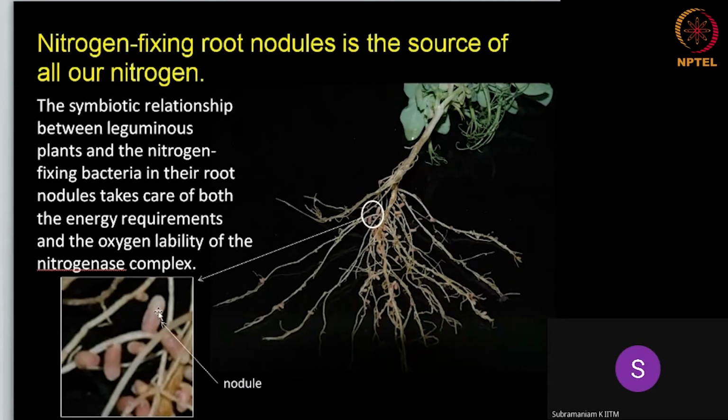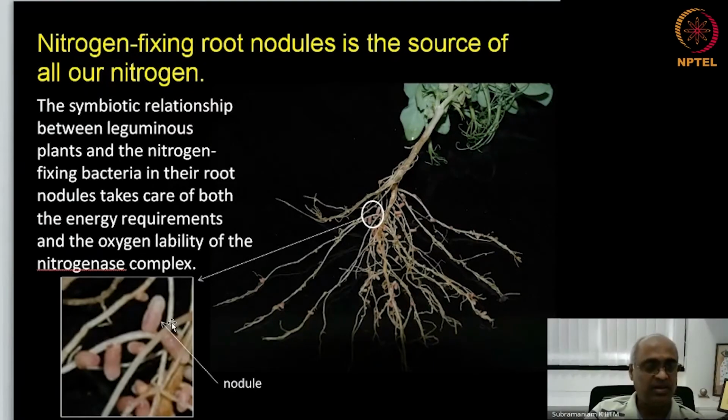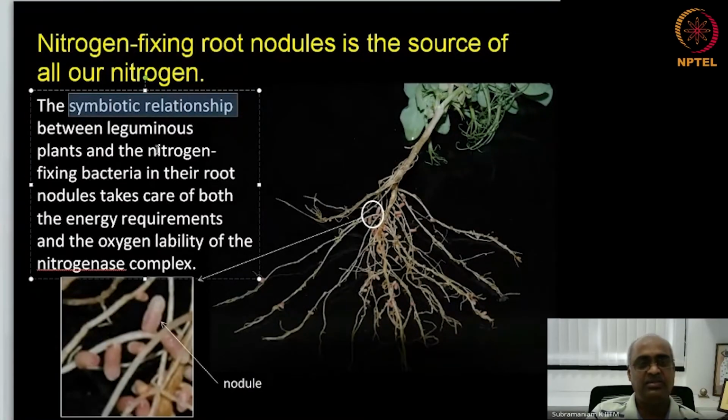Okay, these themselves are not bacteria. These are the plant structures. And inside them you have the nitrogen fixing bacteria, rhizobium species, living there. Okay, and they exist, as shown here, in a symbiotic relationship with the leguminous plants.